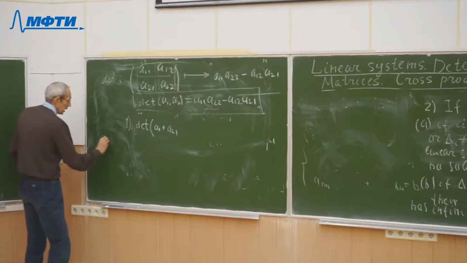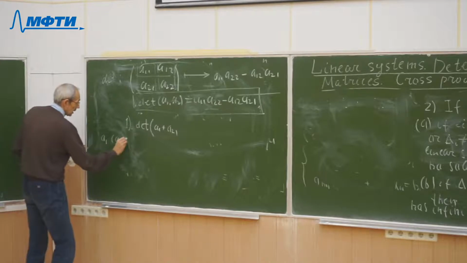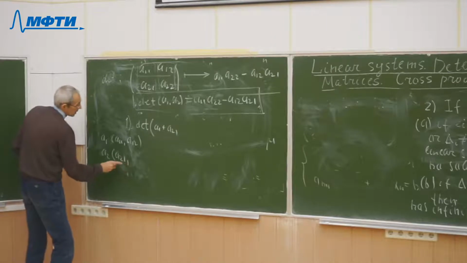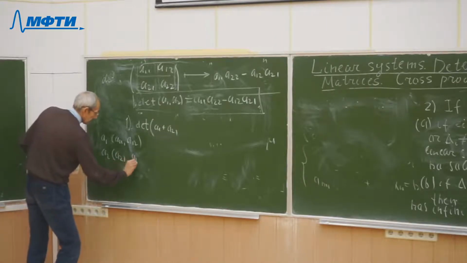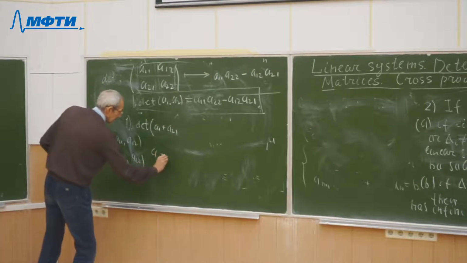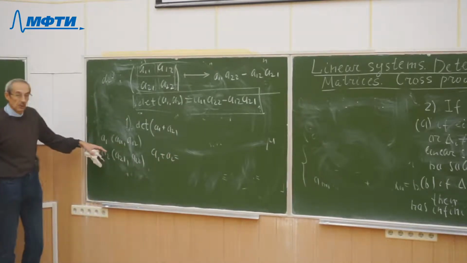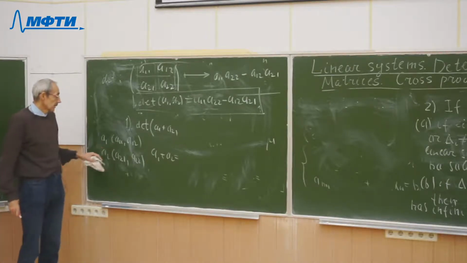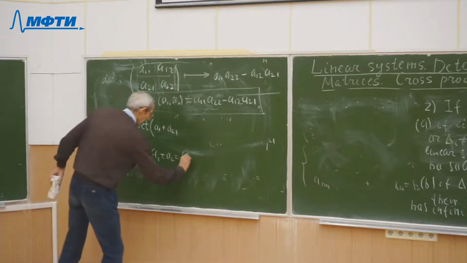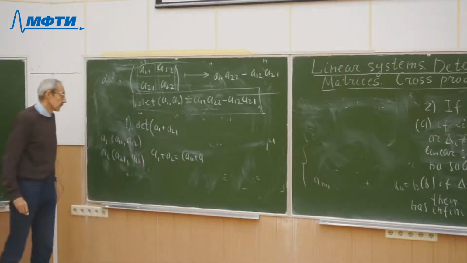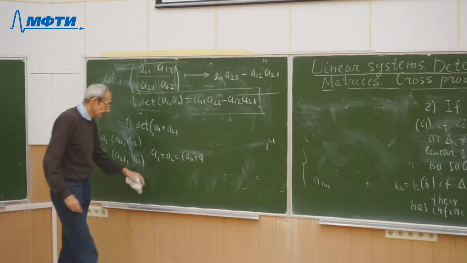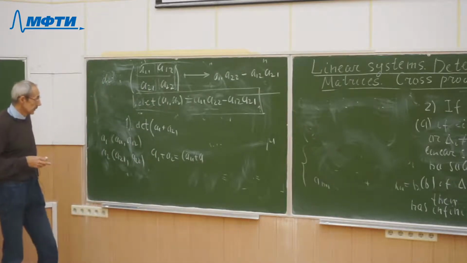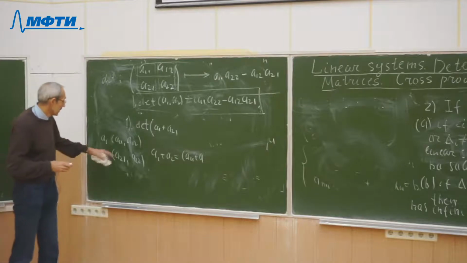If the first row has entries A11, A12 and the second has entries A21, A22, the sum A1 plus A2 is the sum of the corresponding entries of these rows, namely the first coordinate of this vector is the sum of the corresponding coordinates.